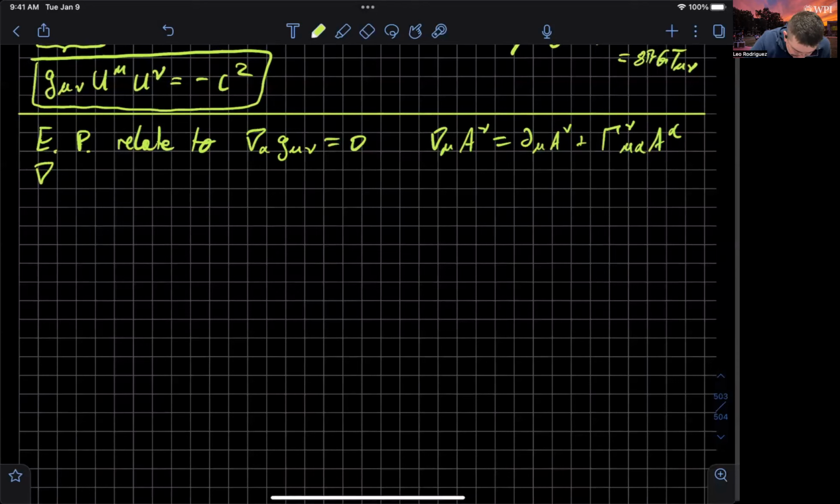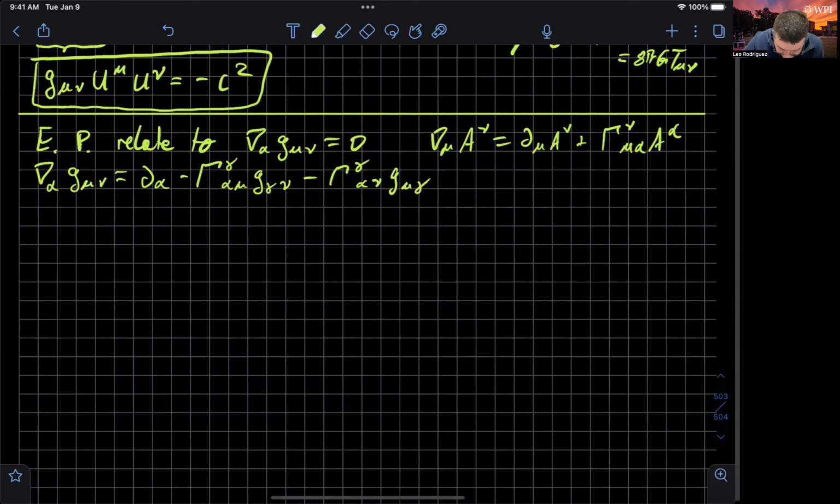So when I introduce metric compatibility here, I have the regular derivative of g mu nu, minus, since it's covariant, gamma, and then let me introduce little gamma here, alpha mu g gamma nu minus gamma alpha mu g mu gamma.